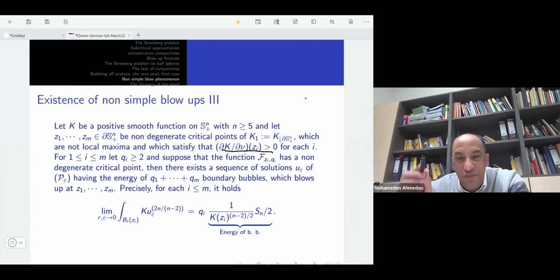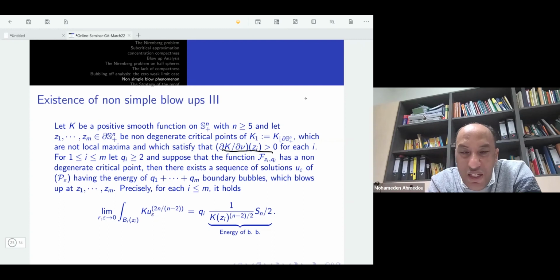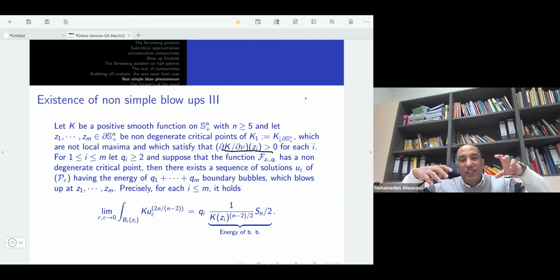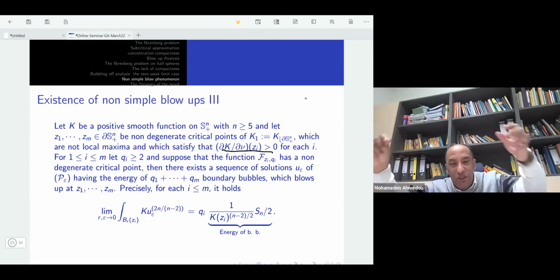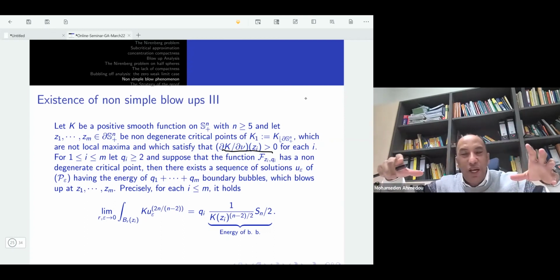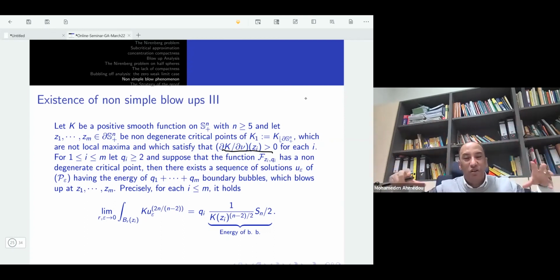And then if for every Zi there is a Qi such that this Hamilton function has a non-degenerate critical point, then you can construct a blowing up solution, which blows up at the point Z1 with Q1 bubbles, Z2 with Q2 bubbles, and so on. So this means that you can combine all this kind of bubbles.